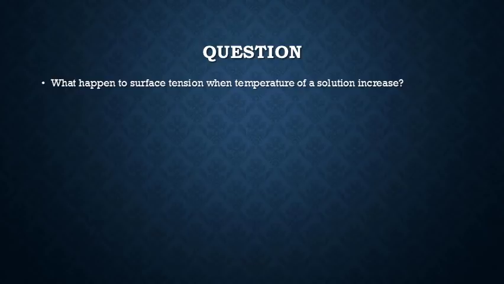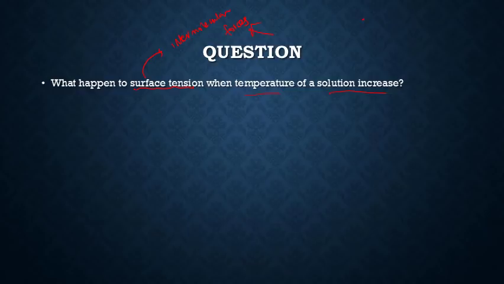So question, what happens to the surface tension when the temperature of a solution increases? First you have to think about what is the source of surface tension. It is intermolecular forces. And what happens to these forces when the temperature of a solution increases?